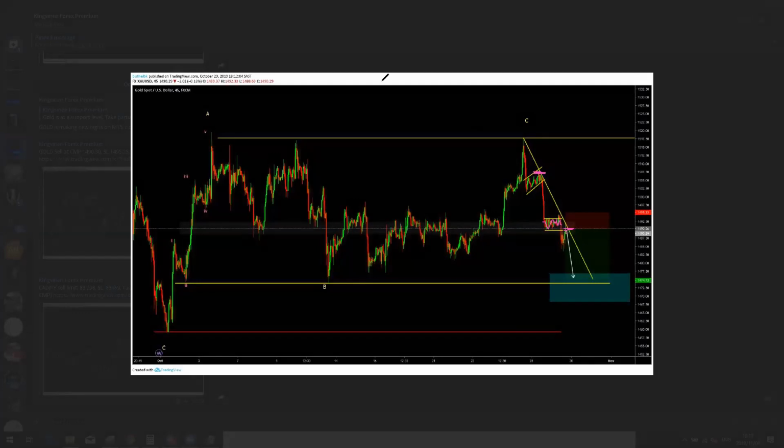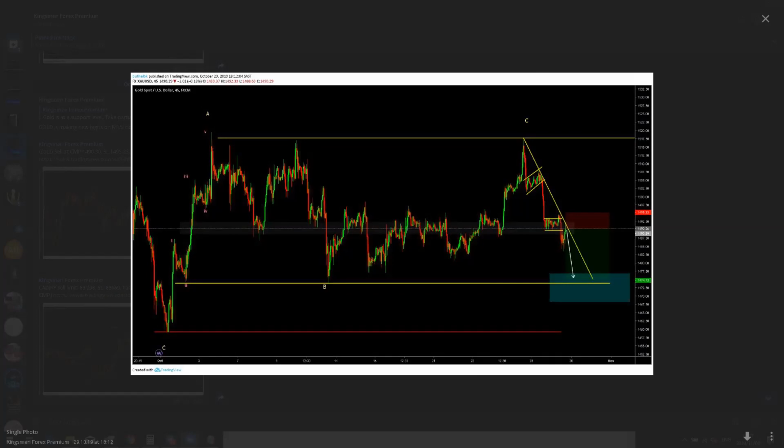Price came in profit for a few pips, and then when FOMC came, it took us out with a spike. But in the overall trade, we managed to make plus 100 pips, 100 plus.